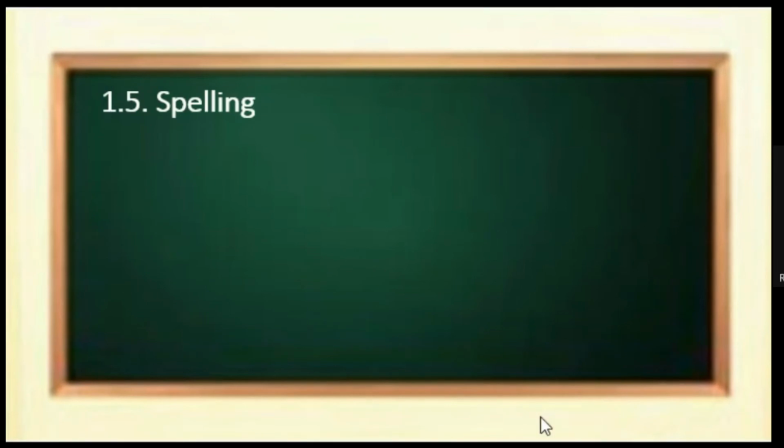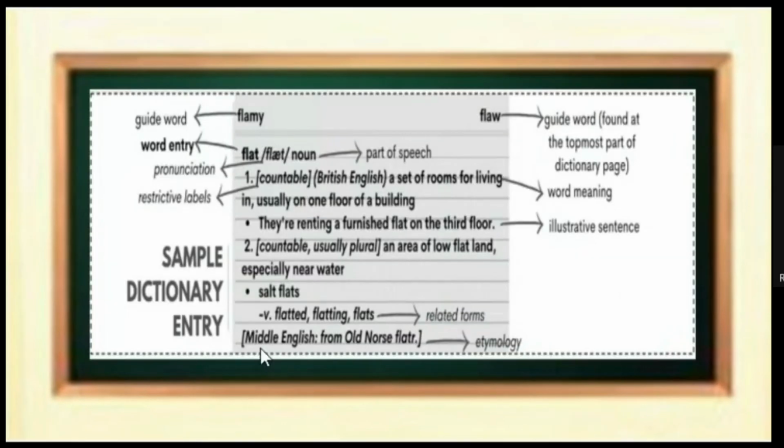Okay, now those are for the dictionary, class, and this is an example of all those things that I said. The sample dictionary entry. So we have the guide words on the upper left and upper right. Again, first word that you see on this page and the last word that you see on this page. Then the word entry, which is in boldface. Then we have the parts of speech, although this is not abbreviated.